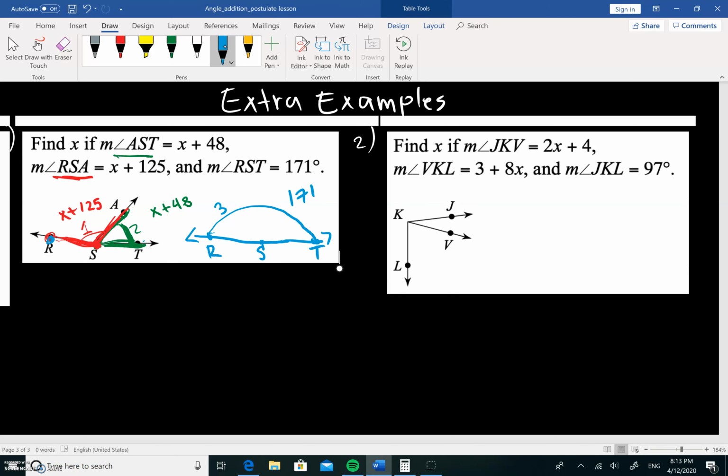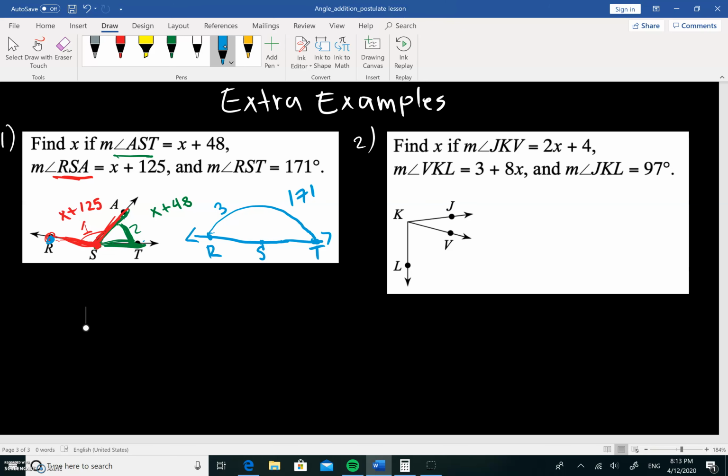And then from here, we have to go ahead and use our equation. Our equation is the measurement of angle 1 plus the measurement of angle 2 is equal to the measurement of angle 3. So using the diagrams, we see that angle 1 is x plus 125, and then we have our angle 2, which is this one, x plus 48.